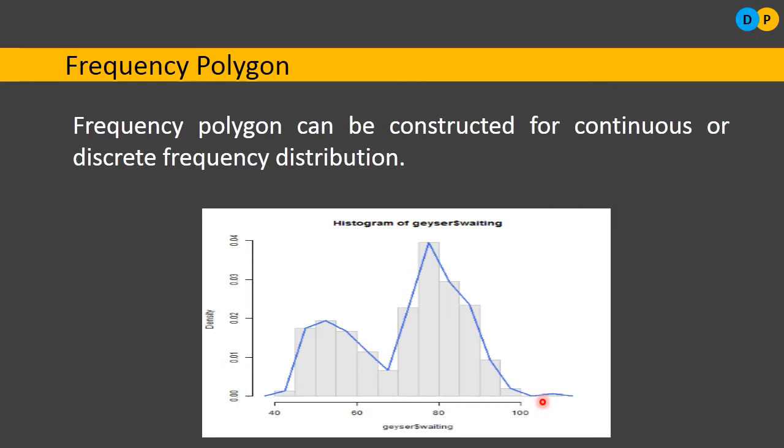What is the total area under this polygon? The total area is directly proportional to the total frequency. The total frequency given will be directly proportional to the area falling under this polygon.